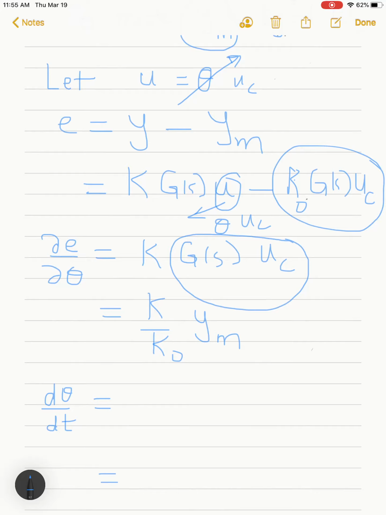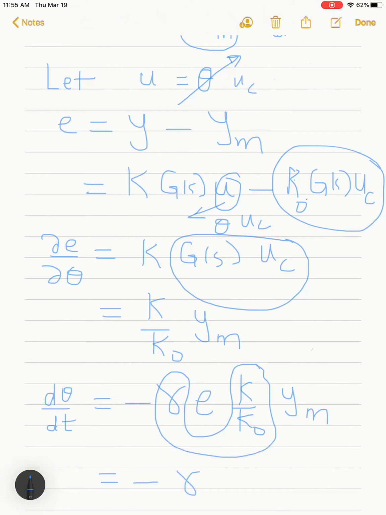And consequently, I can write d theta by dt as minus gamma e, the partial derivative of e with respect to theta, and that would be k over k node ym. Now I can combine these constants together in one constant.